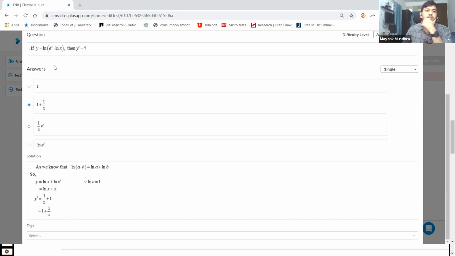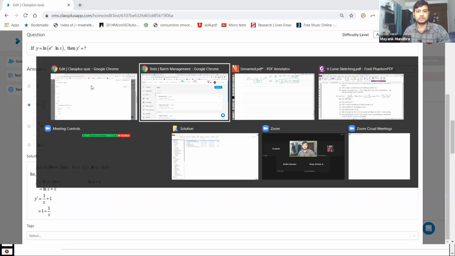Yeah, so there's a typo here. So this should have been e to power x into x, right? So then it would have been correct. Yeah, so there's a typo here, for log e to power x into log x.